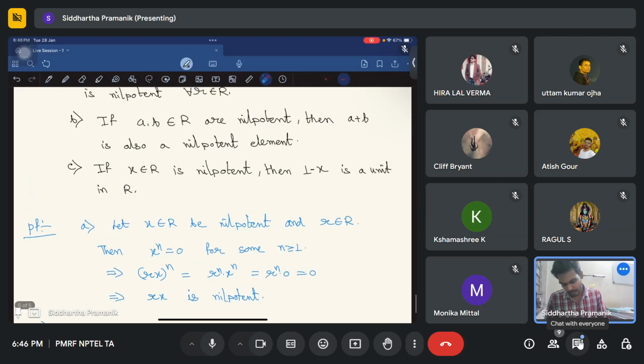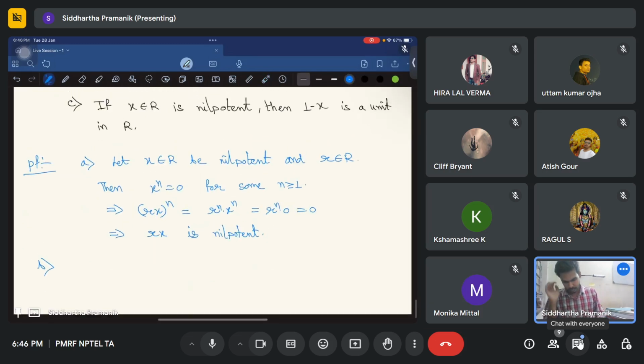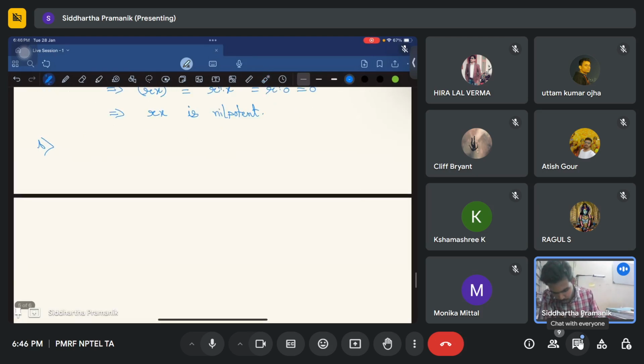So let's see the second one: the sum of two nilpotent elements is nilpotent. Let a, b belong to R be nilpotent. We want to show a plus b is also nilpotent, right?